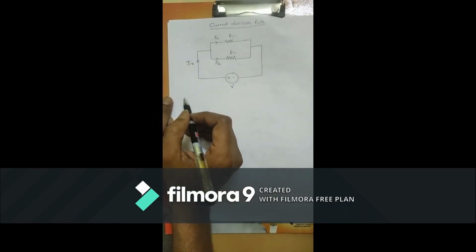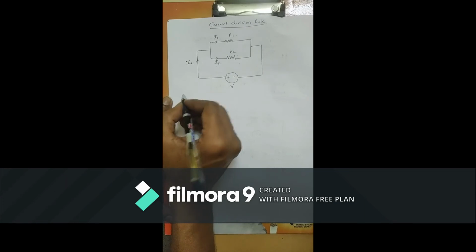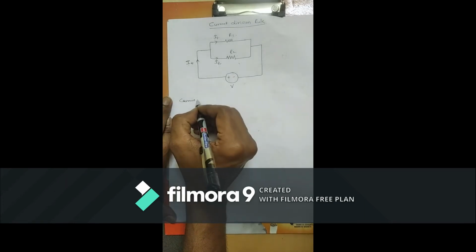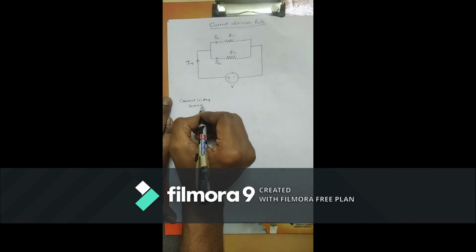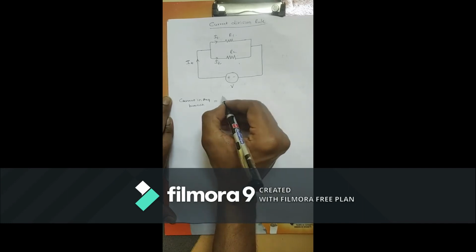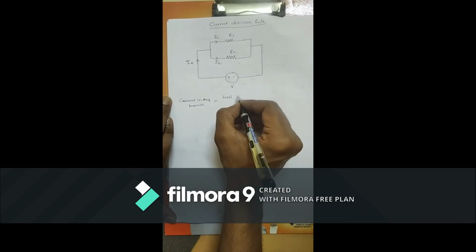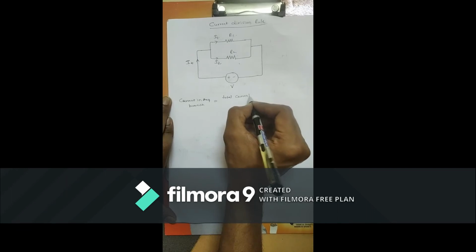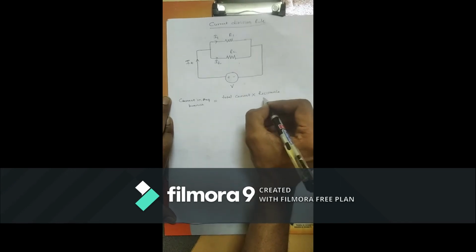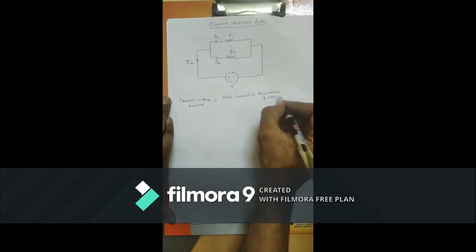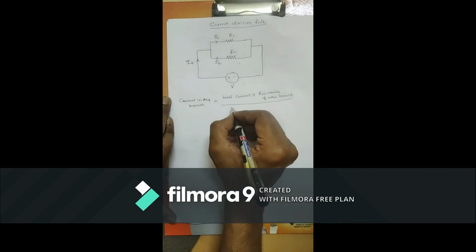First I will write the statement of the current division rule. Current in any branch is equal to the total current times the resistance of the other branch, divided by the sum of the resistances.